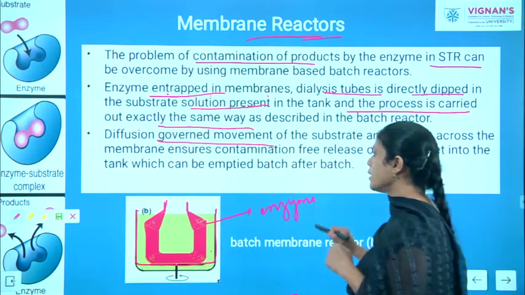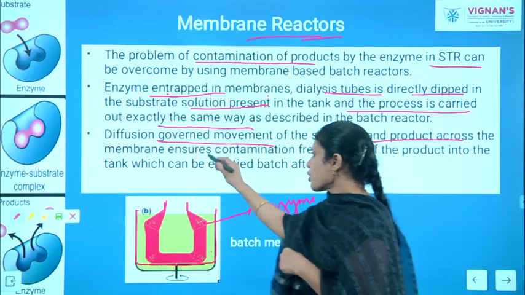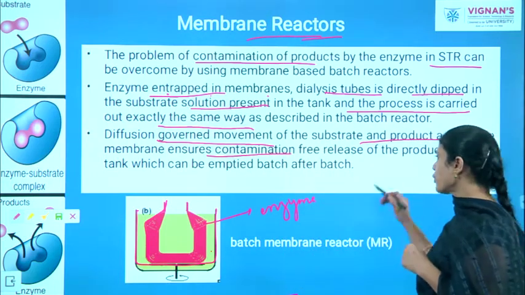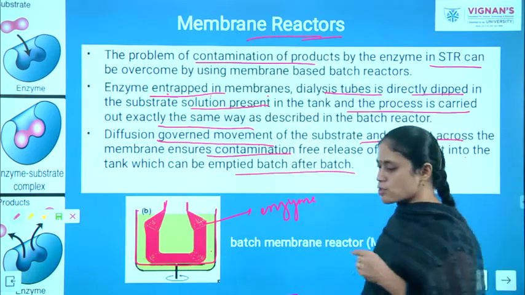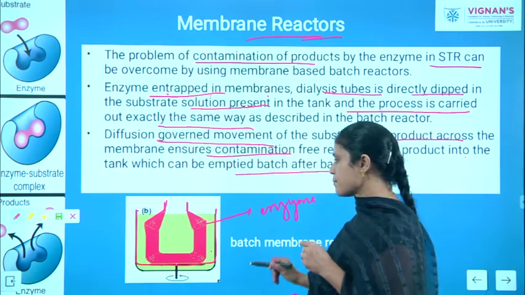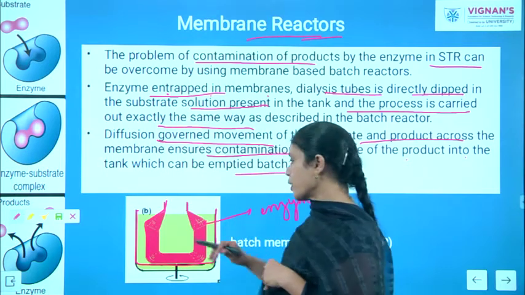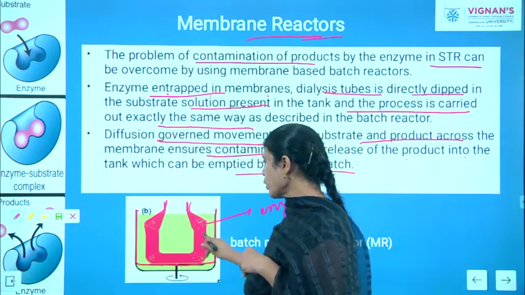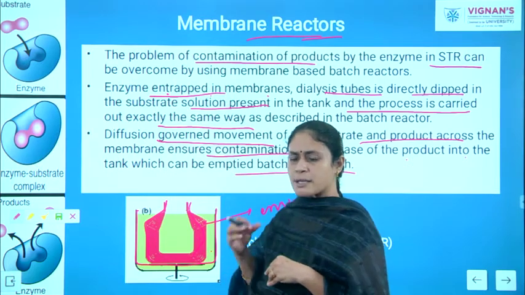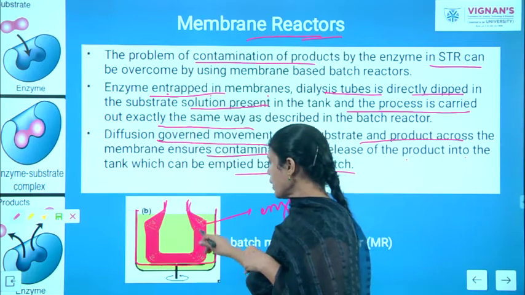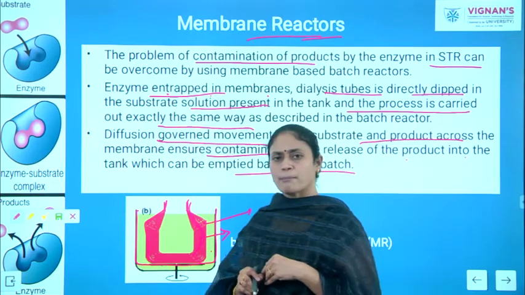Then, diffusion governed movement of the substrate and the product across the membrane ensures contamination free release of your product into your tank, which can be emptied batch after batch. So what's happening here is, in order to rectify the problem of contamination, you are taking a membrane, allowing your enzyme to be entrapped in the membrane, and allowing your substrate into the membrane, and your product is getting released out of the membrane.